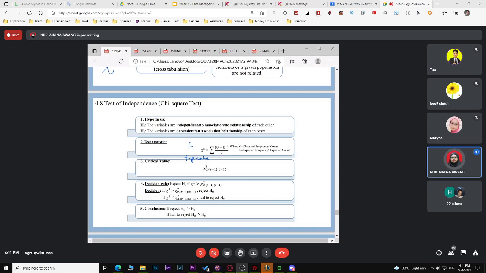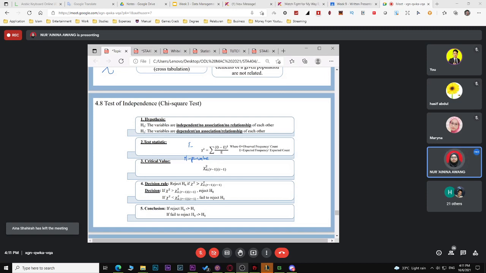Okay, but if you use the test statistic, you calculate your chi-square calculated. This should be the formula: the summation of observed frequency minus expected frequency, squared, over your expected frequency. Another name for your observed frequency is count.